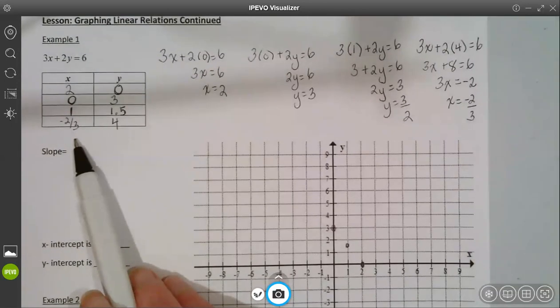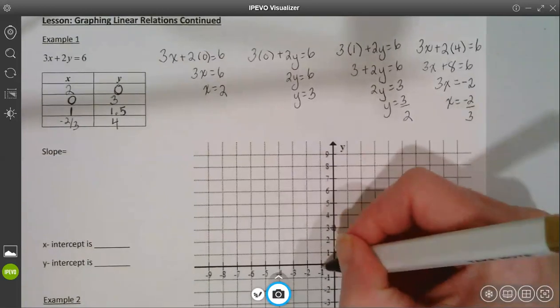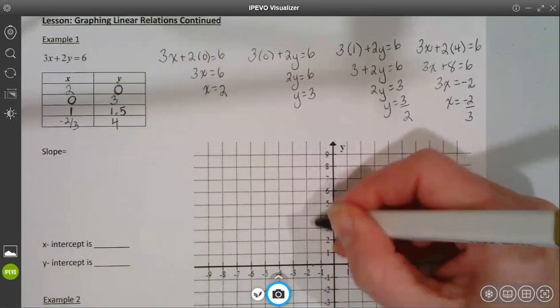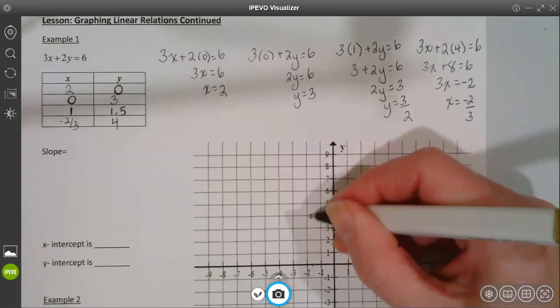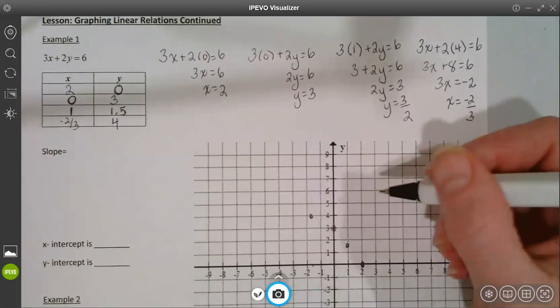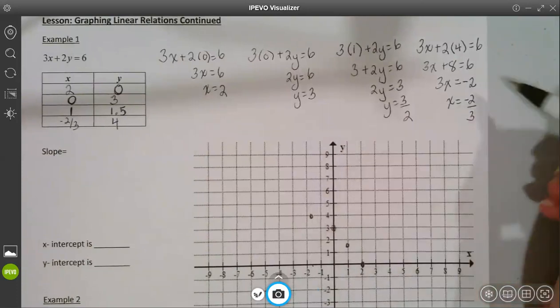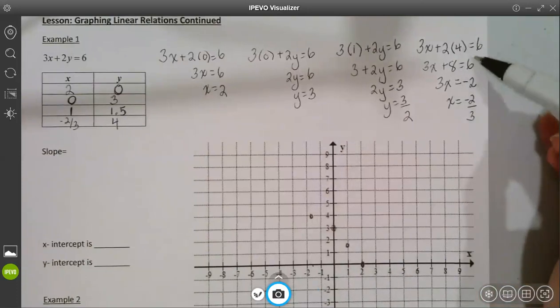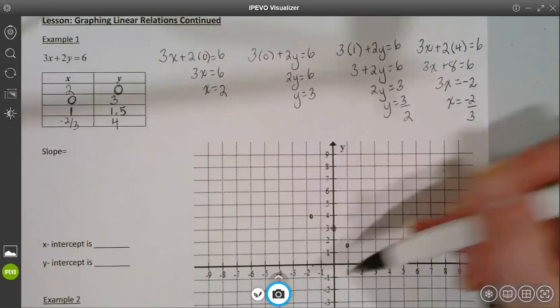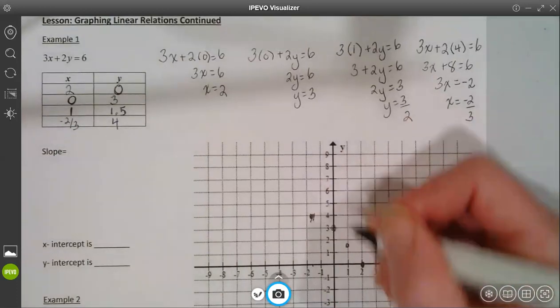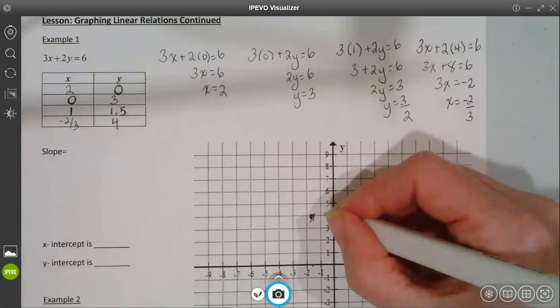That's negative 2 over 3, which is about negative 0.6. So between negative 1 and negative 2. And we're going to go up to the positive 4. Does that look right? Let's just double check. Oops, my mistake. Negative 2/3 is right here.